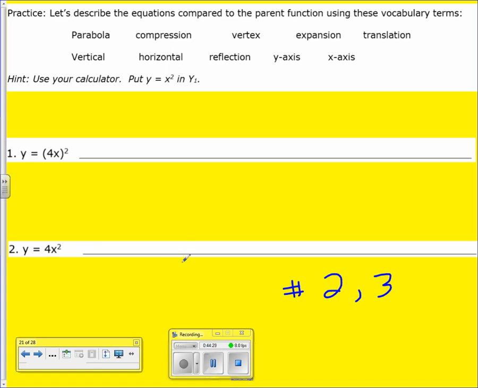Okay? So take a second to think about it. Pause the video, and then you can press play.